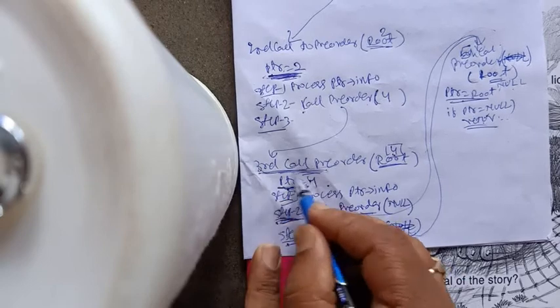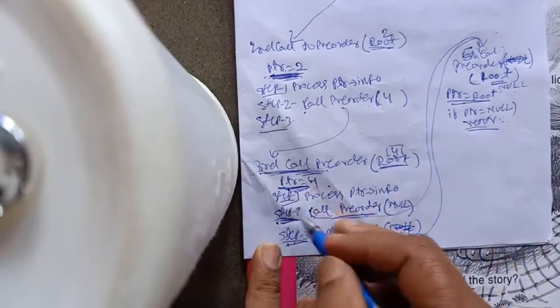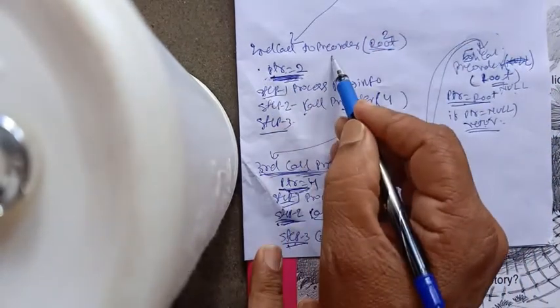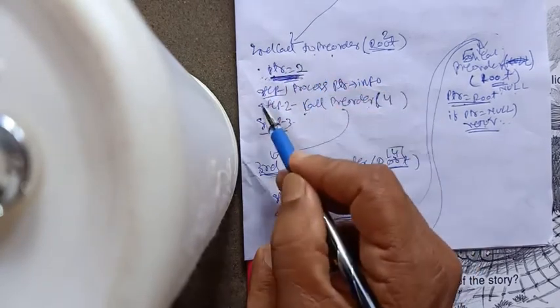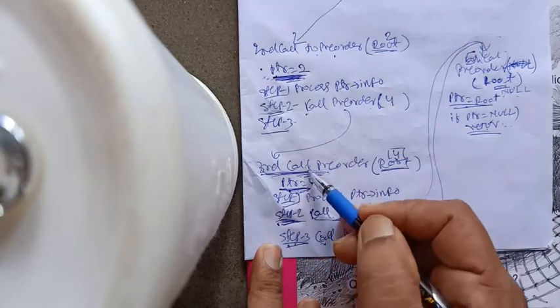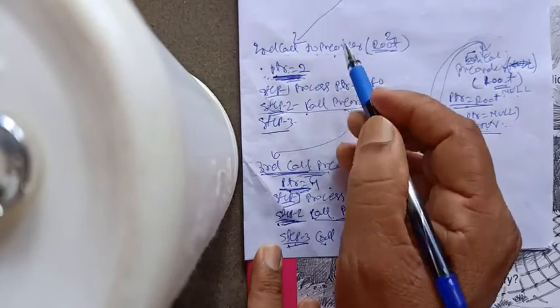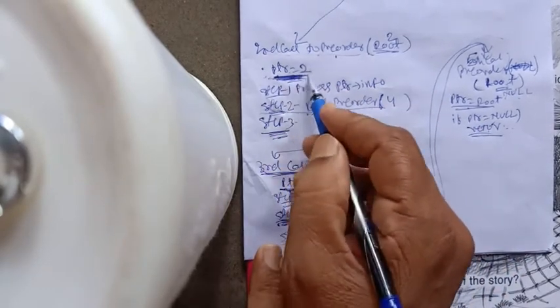So for the third instance, step 1, step 2, step 3 is over. When the third call is over, it will go back to the second call of preorder, where the ptr value was 2. Step 2 was over, but in the second call step 3 remains.